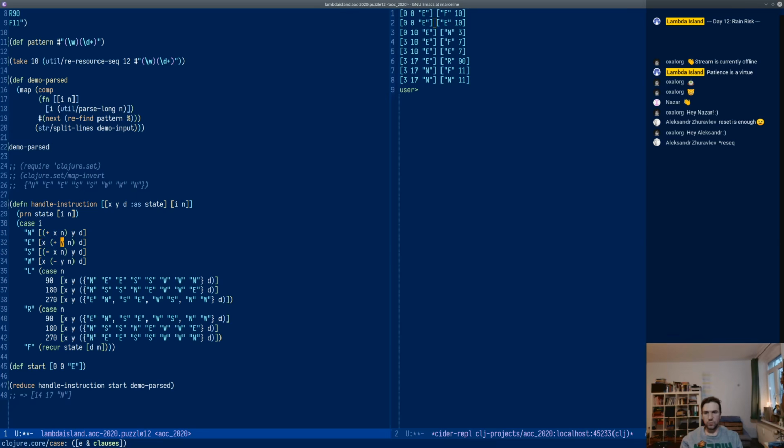X plus y plus n. Does anyone see it? Oh, because I'm just returning that. That is correct. That is my new state, my three element tuple, my triple, so to say.